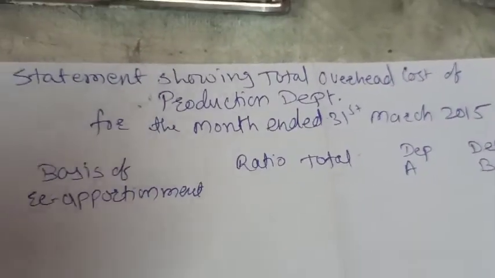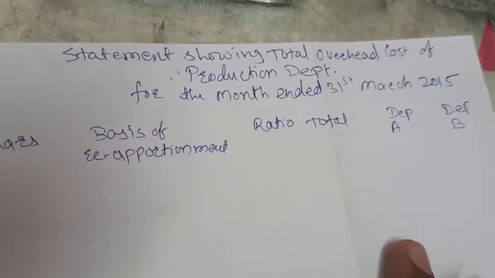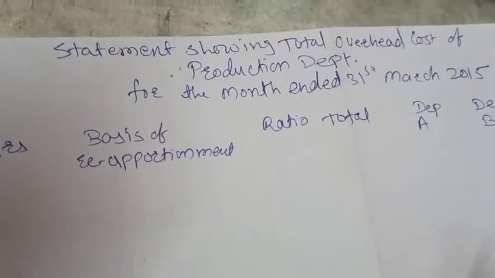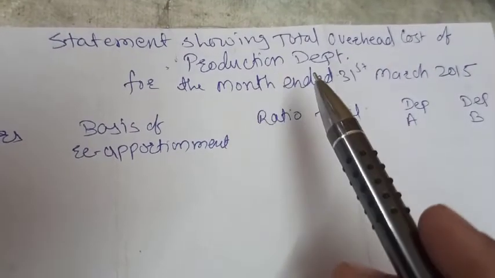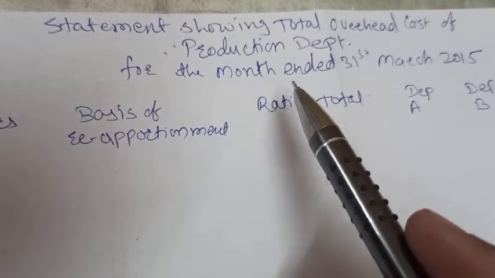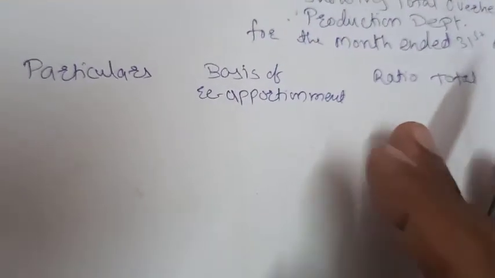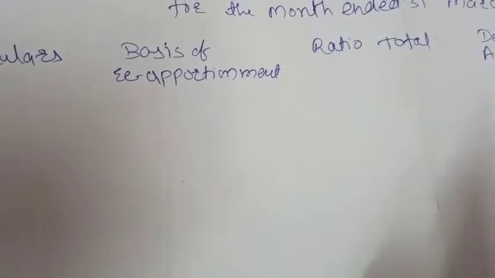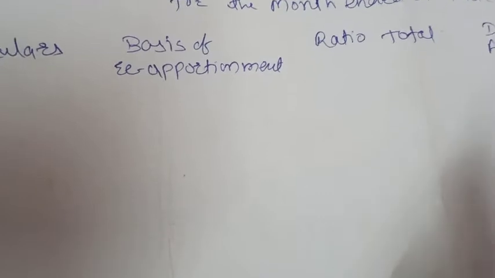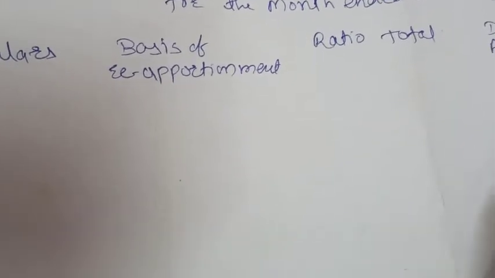Okay students, so now we are in the last phase of this illustration, that is secondary distribution. The statement is known as statement showing total overhead cost of production department for the period ended 31st March 2015. The columns are particulars, basis of reapportionment. In primary distribution we use the word apportionment. In secondary distribution we are using this word reapportionment.